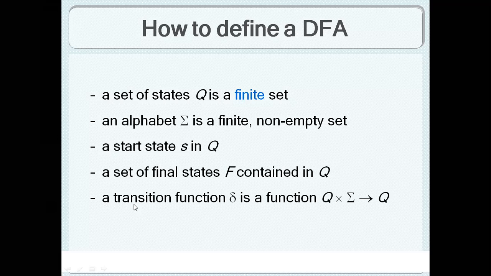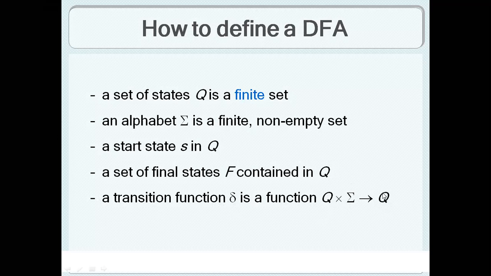Next one, this is the transition function. In DFA we are having the transition function delta. So what is the function for transition? Delta: Q × sigma, where Q is the finite set of states and sigma is the finite set of input alphabets, that reach to only one state.